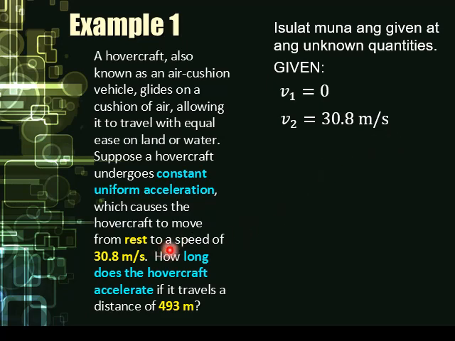So, sabi dito, to a speed of 30.8 meters per second. Again, bakit speed? Kasi yung velocity at saka yung speed niya rito parehas lang dahil hindi naman nag-change ng direction ang hovercraft. Okay, so, meron tayong given dito na distance na 493 meters. So, ang question is the time. So, how long does the hovercraft accelerate? Okay, so, hahanapin natin dito ang time.